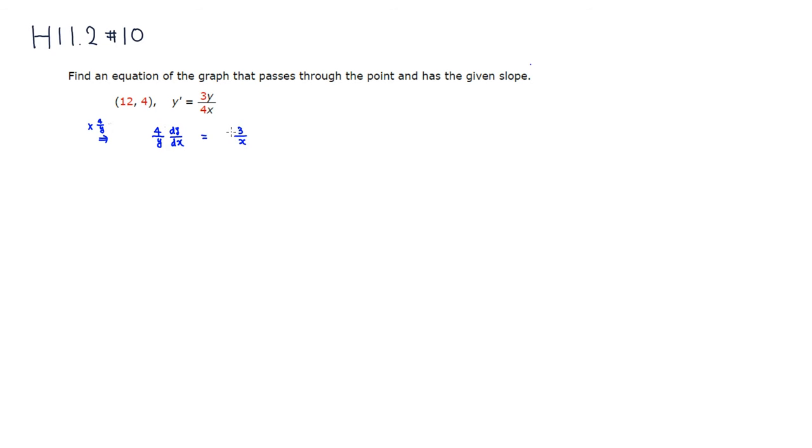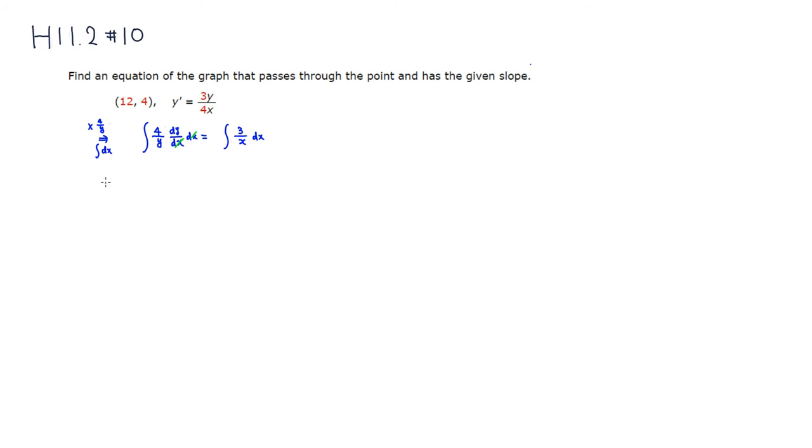Since it's all separated, I'm going to take the antiderivative with respect to x. So you have an integral with respect to x on both sides, and we can cancel dx here and dx there.